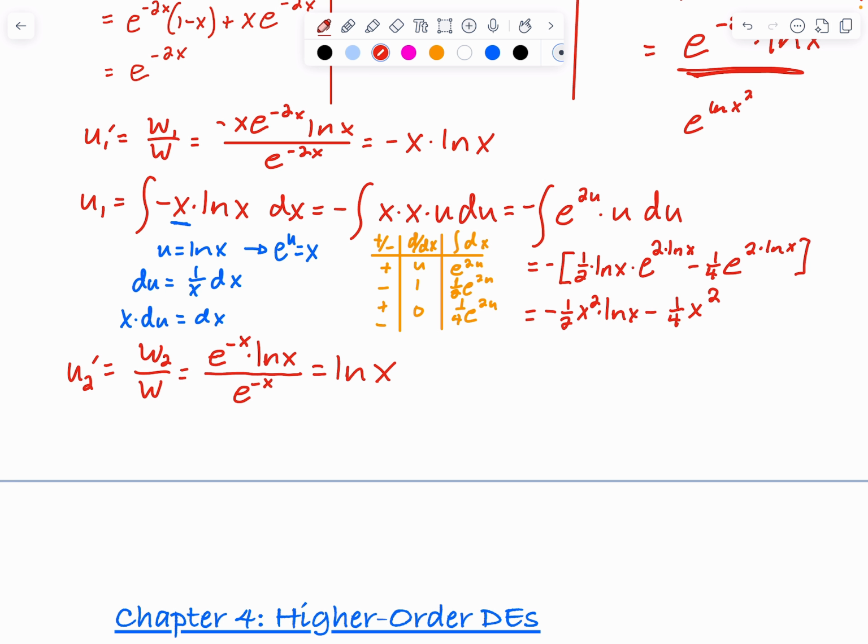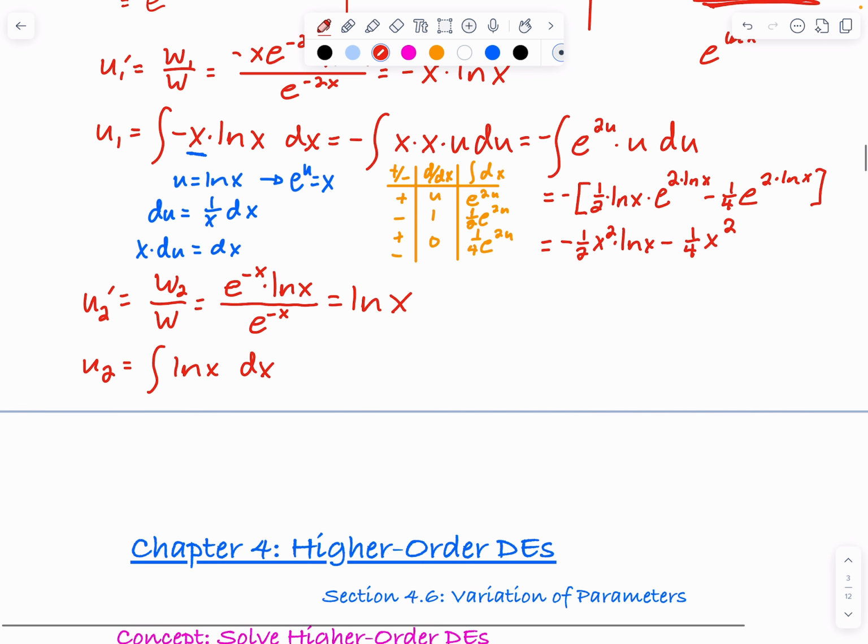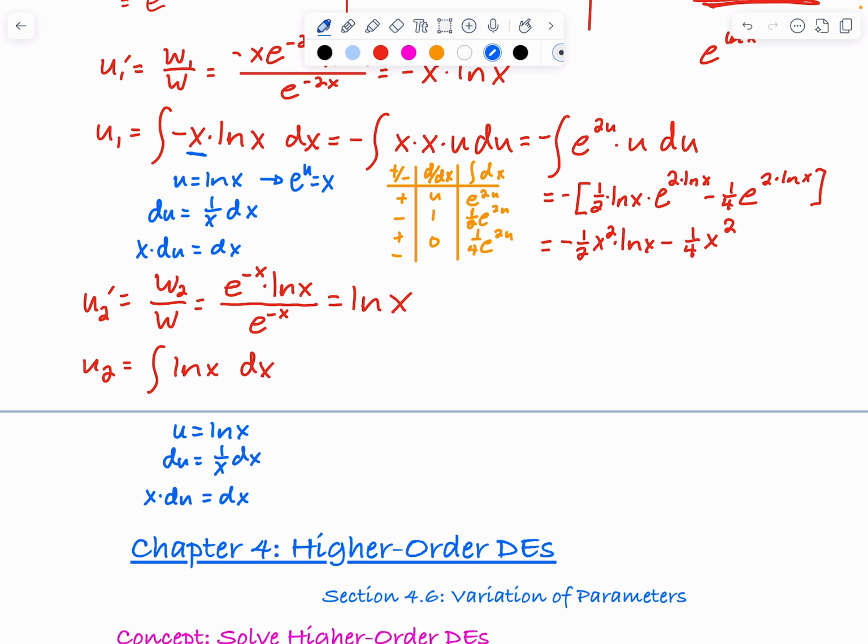All right. This is interesting, how to do this integral. So to get u2, we're going to do the integral of ln of x dx. How we do this integral, we can actually use a u sub again, almost in the same fashion. So u will be ln of x, du then is 1 over x dx, which means x times du is dx, and then I can change this original again, e to the u is x.